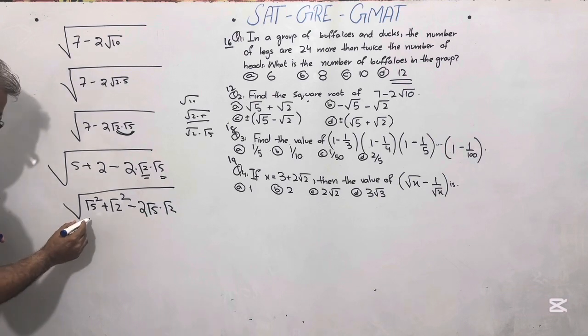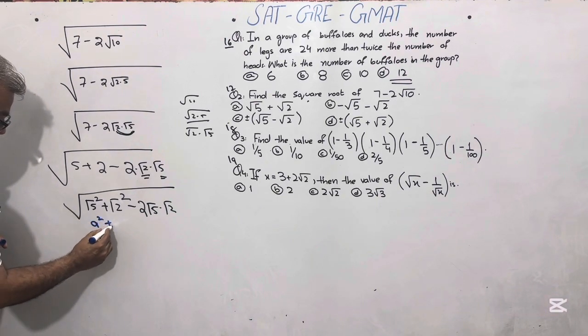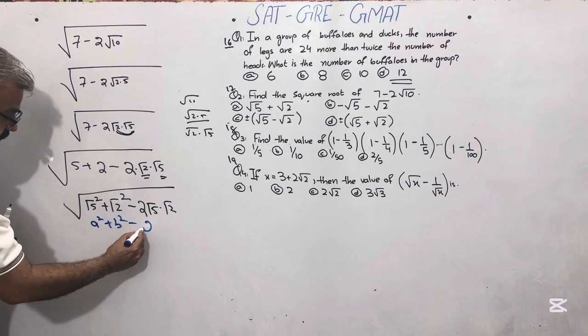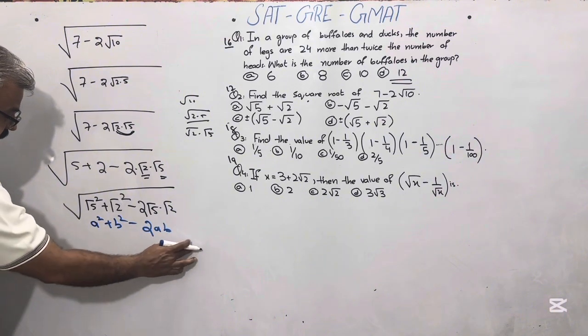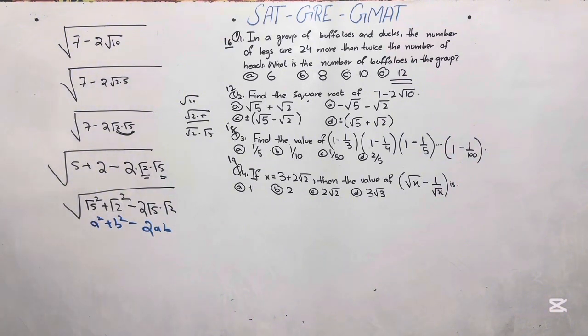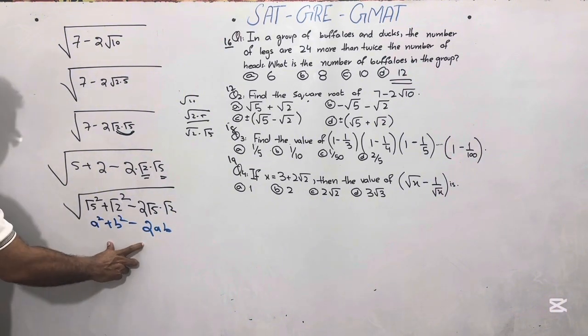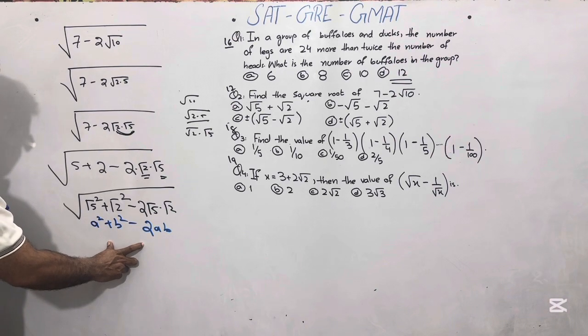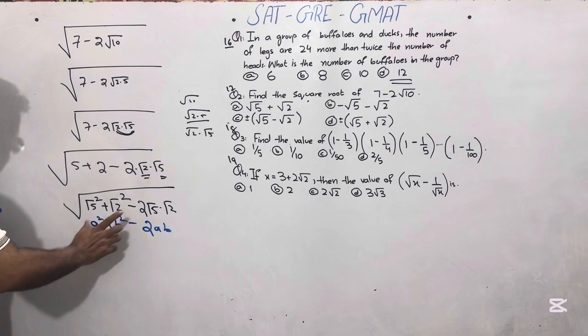Compare the situation: it's A squared plus B squared minus 2 times AB, a perfect square of A minus B, whole squared.